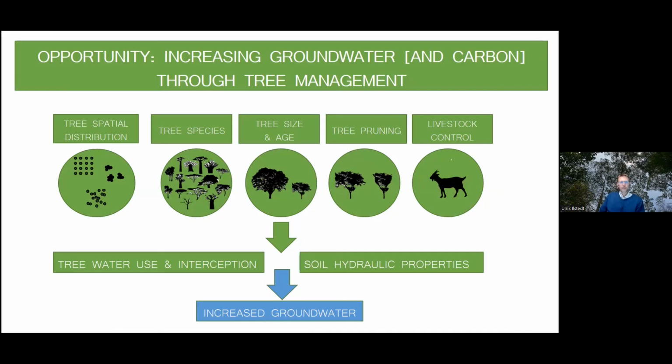And there are a lot of things we could look at, how trees are distributed, which tree species we are favoring, the age of the trees, tree pruning activities, and livestock that is often an integrated part of these systems. They all affect the water budget and then the groundwater recharge that is a result of this.